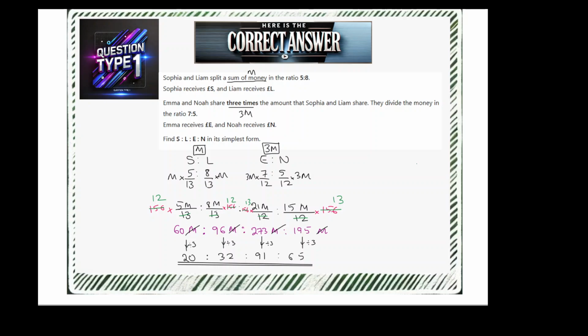So you multiply all of them by that. The numbers are slightly big in this question, but then all the m's get cancelled out. 60, 96, 273 and 195 all can be divided by 3. So your final answer is 20 is to 32 is to 91 is to 65.